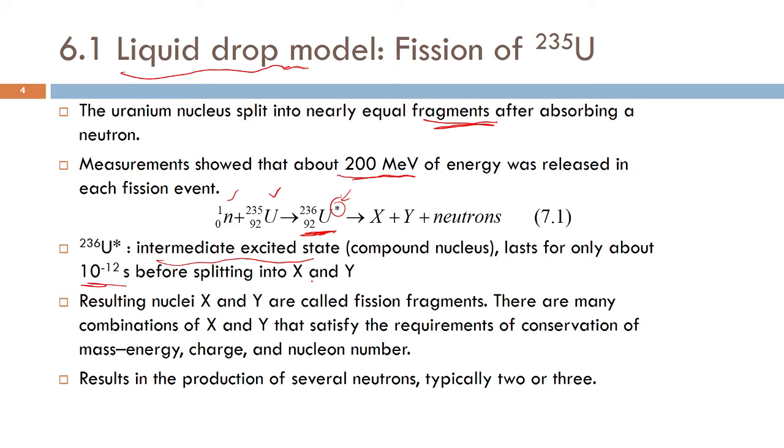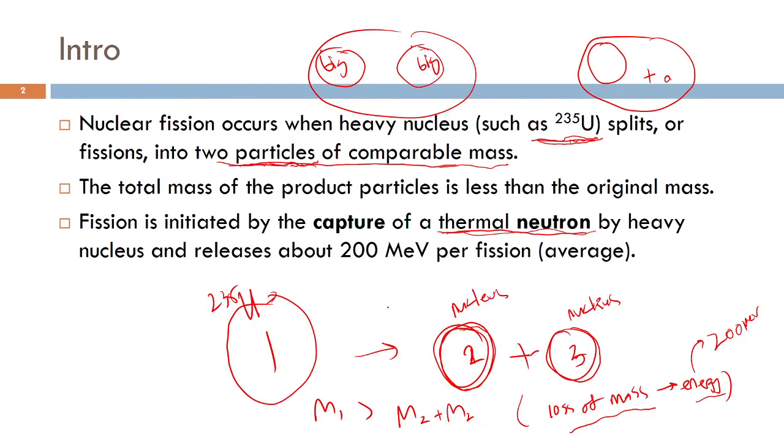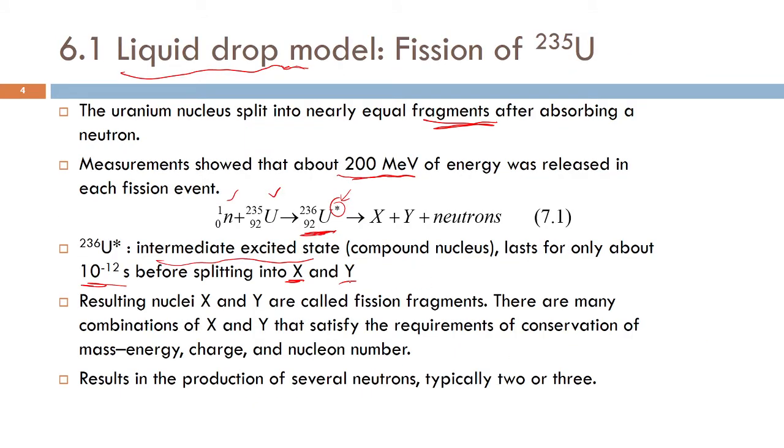It will split into X and Y. Here I use 2 and 3, but they refer to the same thing. So you get nuclei X and Y, which are called fission fragments. X and Y can be many combinations, we will see that later.